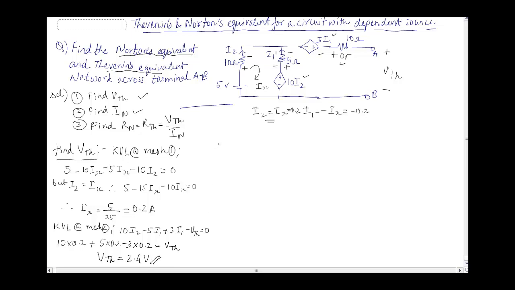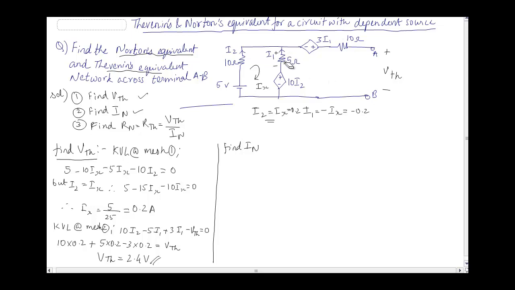So we have found VTH. So the first step is over. Second step is to find IN. For finding IN, we will use the same diagram. Let me rub all the other marks here. I will keep Ix. I will take out all the other marks.